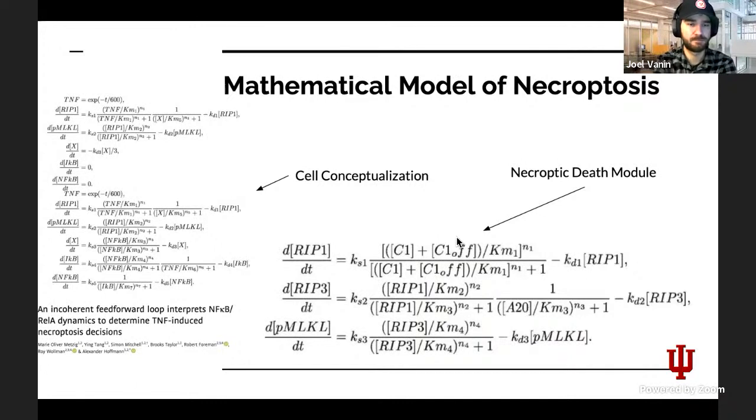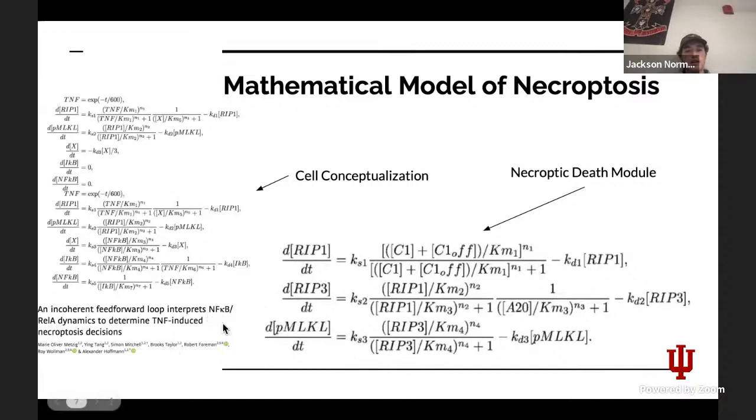And then, so we're tweaking that simulation. Then next, we're going to try to implement a necroptosis model. And we found this paper about an incoherent feed-forward loop about the necroptosis decision making within a cell. They were able to create a mathematical model of it. This code here is basically conceptualizing the initial cell and leading it towards necroptosis.